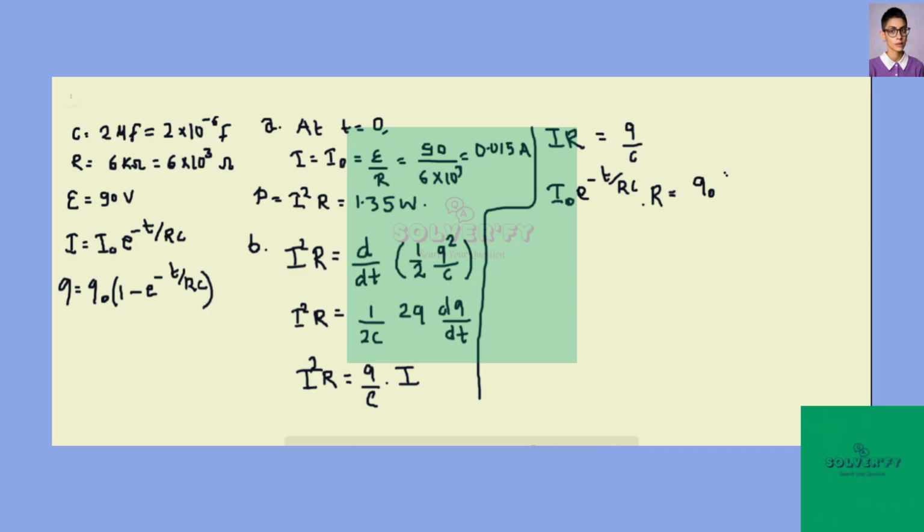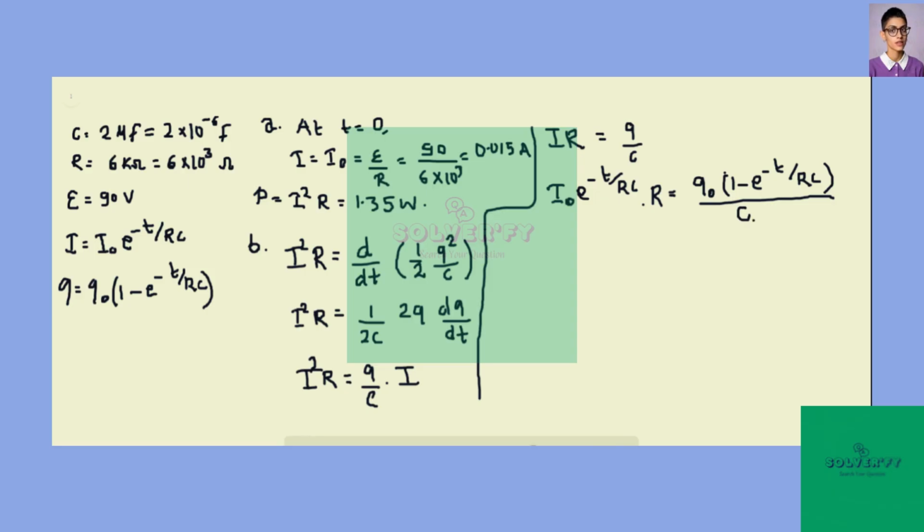So this is equal to Q naught times 1 minus e to the power minus t by RC upon C. Isn't it? Yes, it is.